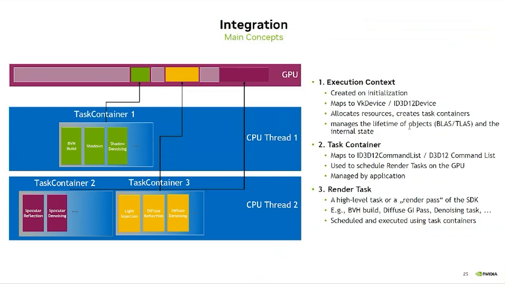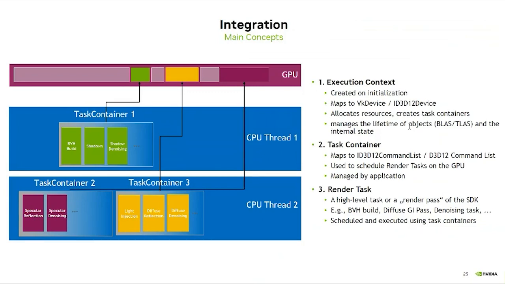Then we have what we call the task container. This is essentially a wrapper around the Vulkan command buffer or DX12 command list. So the SDK will want to do some work on your command buffer. And you need to provide it to the SDK so that it can fill it and return it back to you. And then the third kind of object you will deal with is a render task.